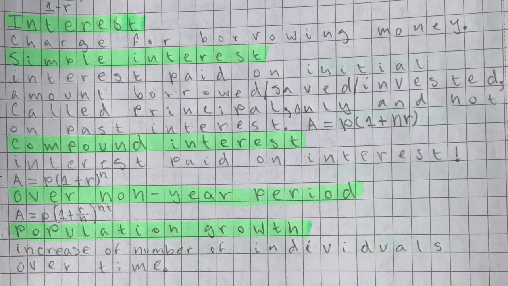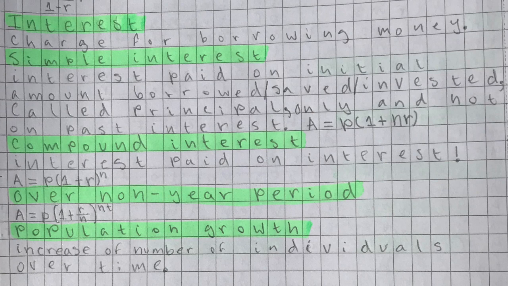Now for compound interest, it is A equals P times (1 minus r) to the power of n. These letters still mean the same thing: P stands for principal, r is for annual rate, A is for accumulated amount, and n is for time.